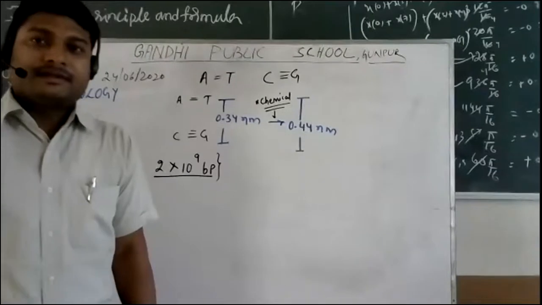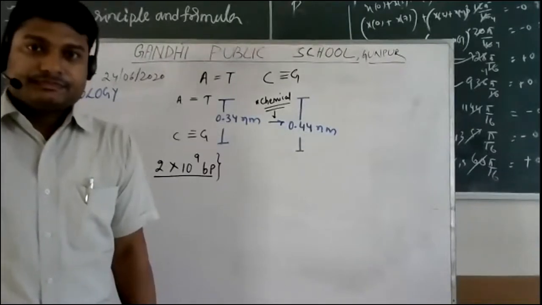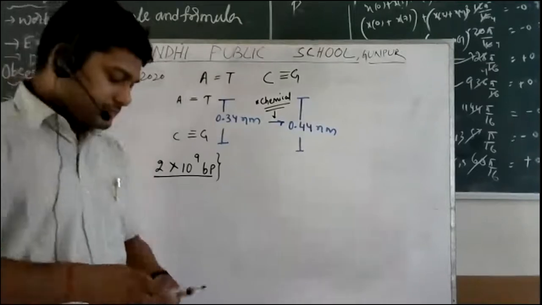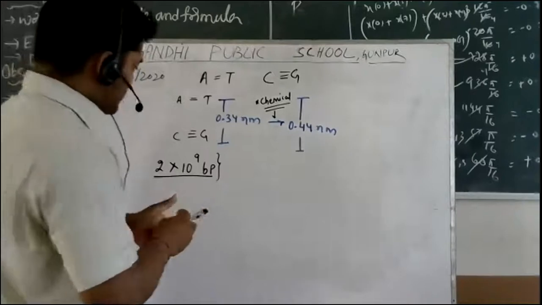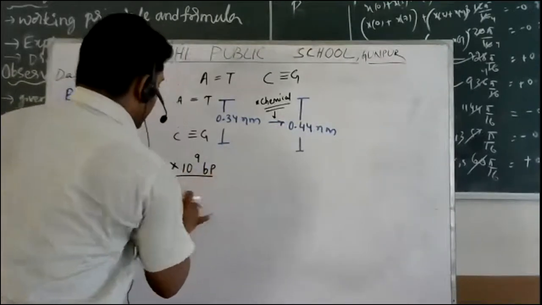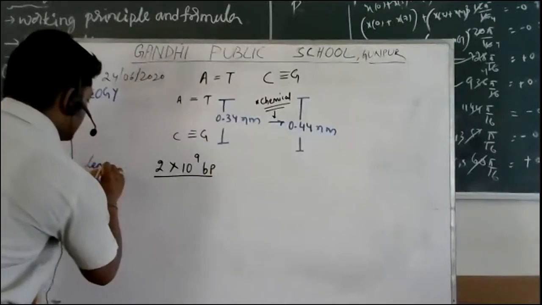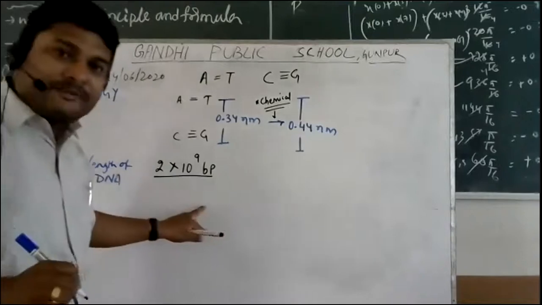How can we solve it? So we have to multiply by 0.44. We have to multiply 2 into 10 to the 9 into 0.44 nanometer. Exactly. To find the length of this particular DNA, we already know the base pairs.